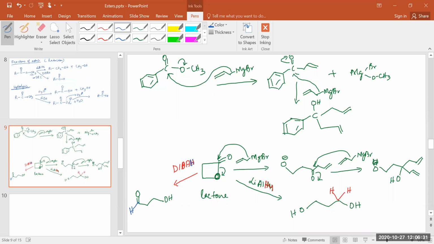So just don't forget the DIBAL-H structure is this. It has only one hydrogen and two isobutyl groups. Okay, so this is DIBAL-H.